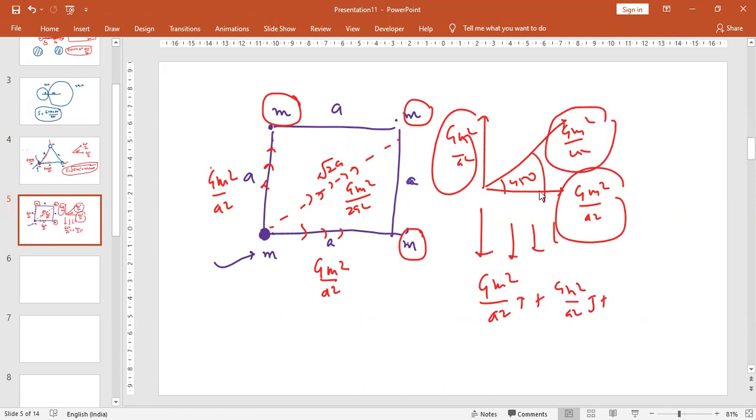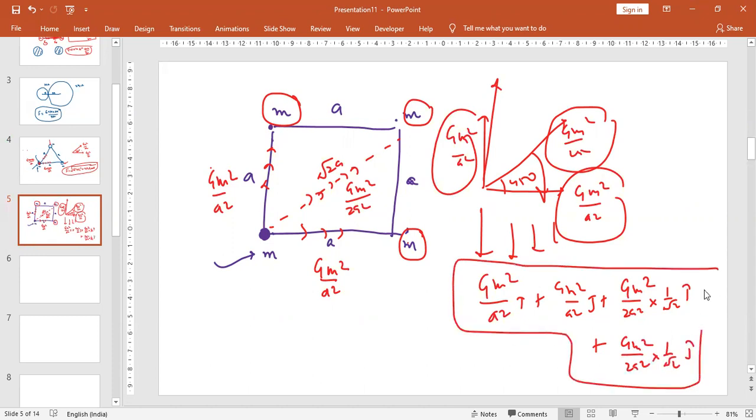This force will have one component in the x direction: Gm square upon 2a square cos 45, so F cos theta i cap. And one component in this direction: Gm square upon 2a square sine 45, that is 1 by root 2, j cap. This will be your net force.